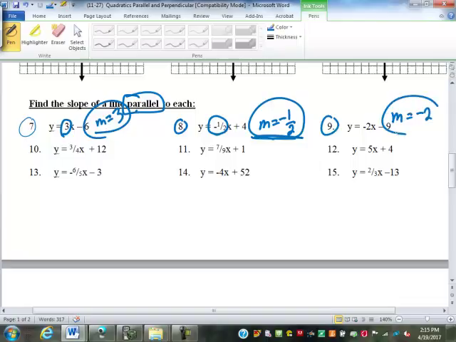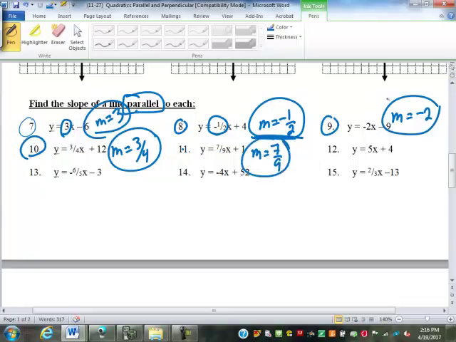Negative 2, and a line parallel to it will have a slope of negative 2. For number 10, the slope of this line is 3/4. So a parallel line would also have a slope of 3/4. Number 11, the slope of this line is 7/9. So a parallel line would also be 7/9.